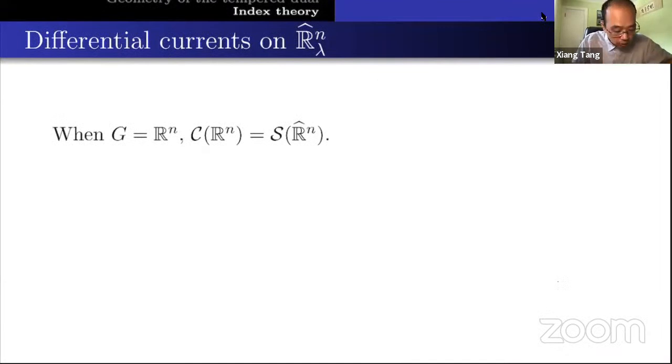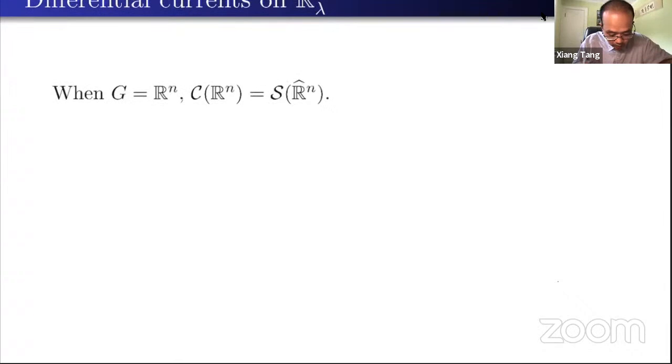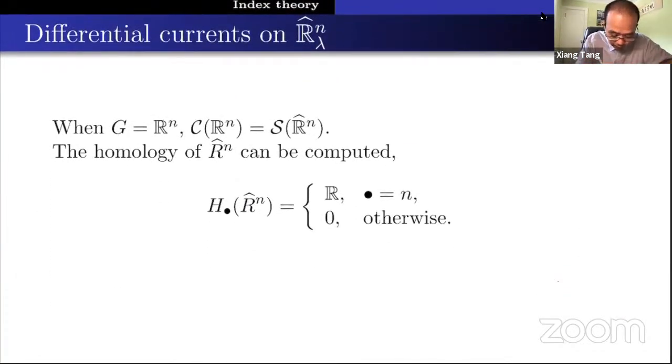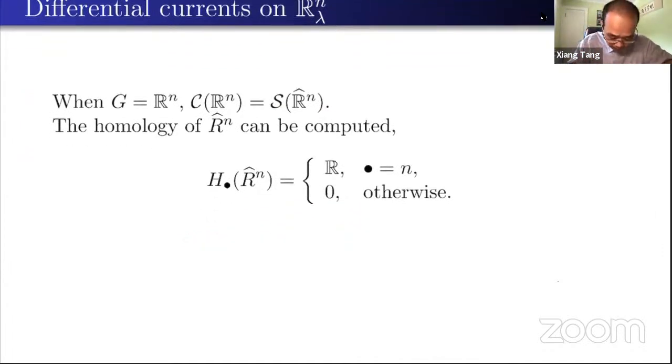Okay, so now for the R^n case, as I already mentioned, we have the Schwartz functions, which are rapid decay nice functions on our vector space R^n. Then the nice homology currents we can write down, you can compute this one. If we consider compactly supported homology, then we have only one dimension contribution.